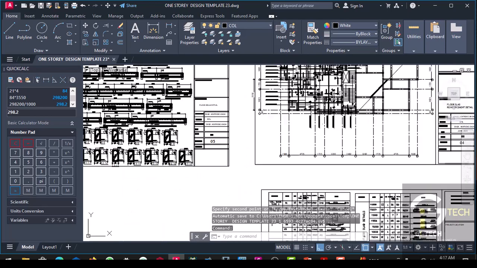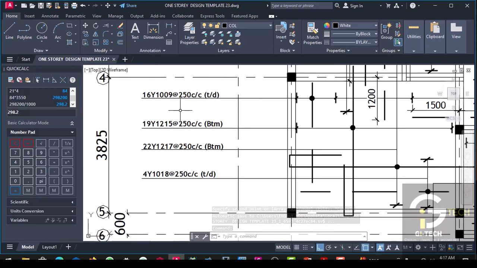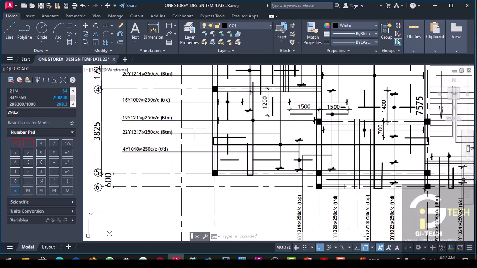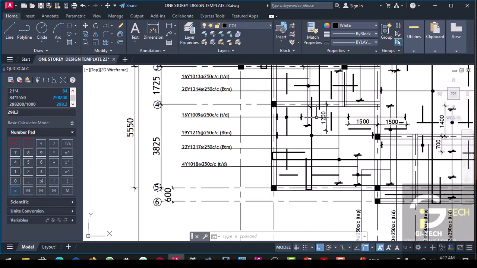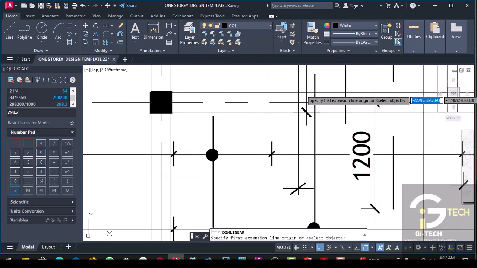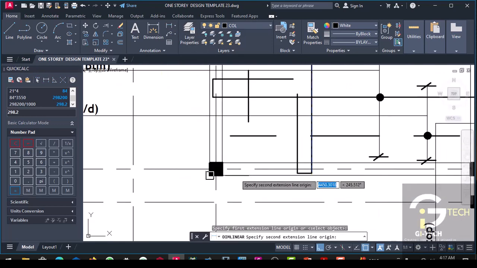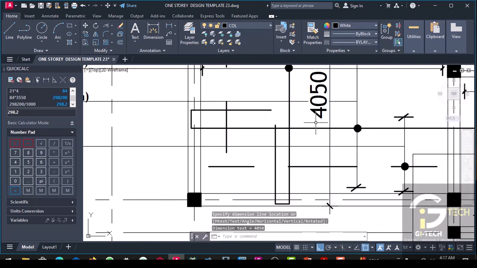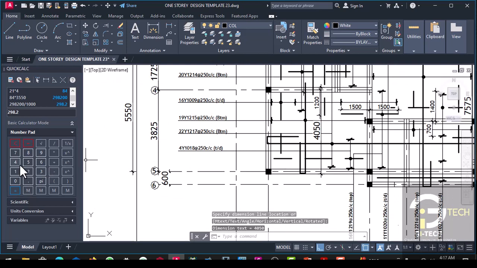Let's check out the shape of that reinforcement. The shape of this reinforcement is this. So let's create this. 4050 plus 300 minus 20.